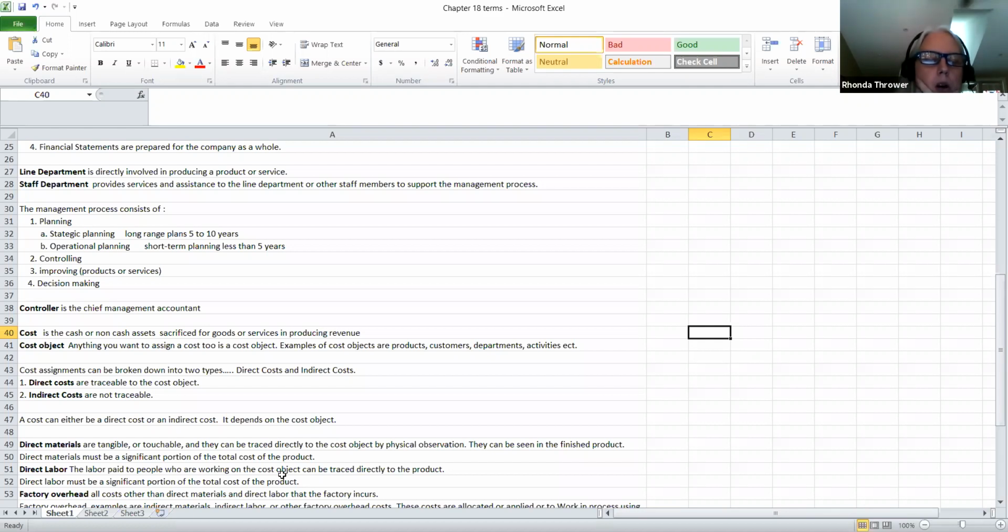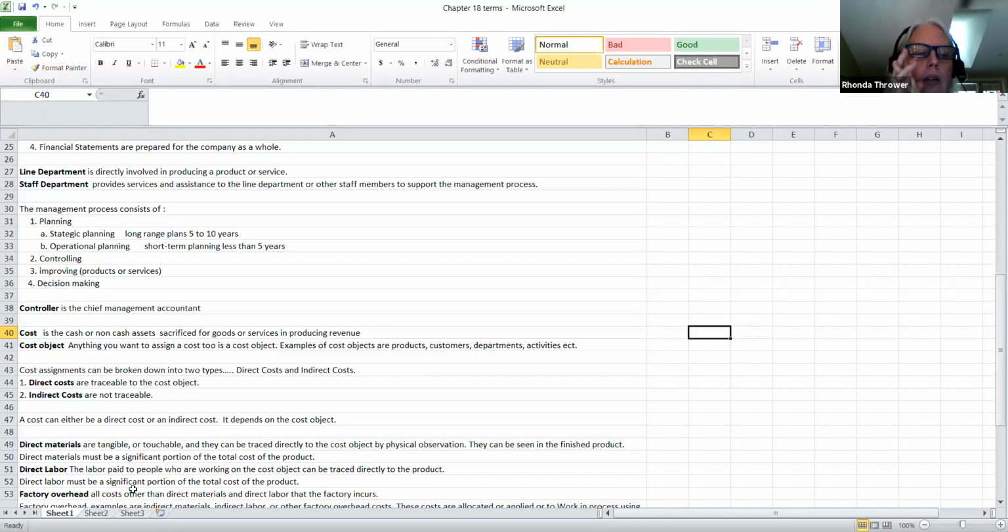So if we are manufacturing guitars, we're going to have to pay someone to cut the wood that becomes a part of that guitar. The cutting process of the wood would be considered direct labor, and most likely will be a significant portion of the total cost of the product.